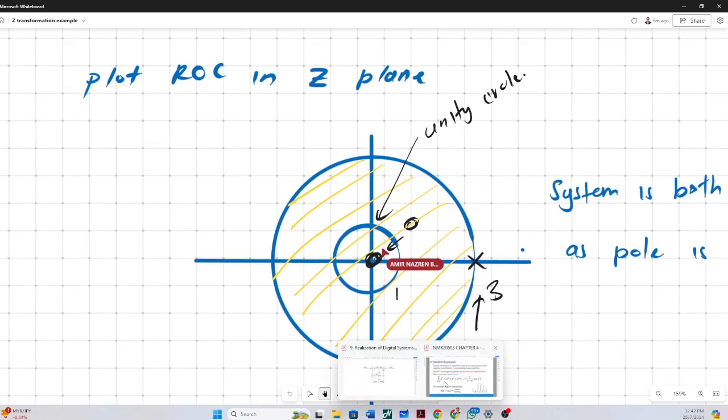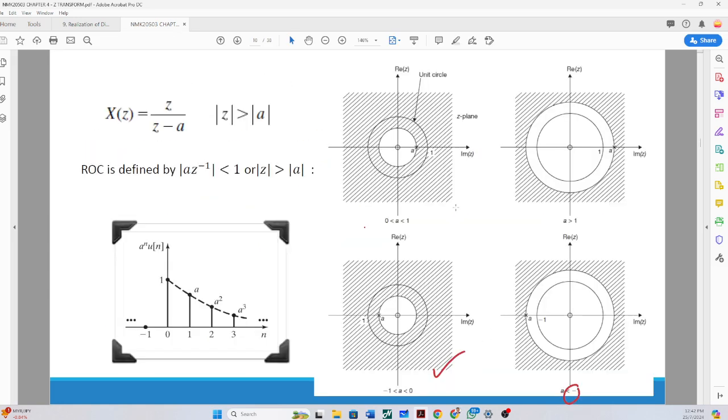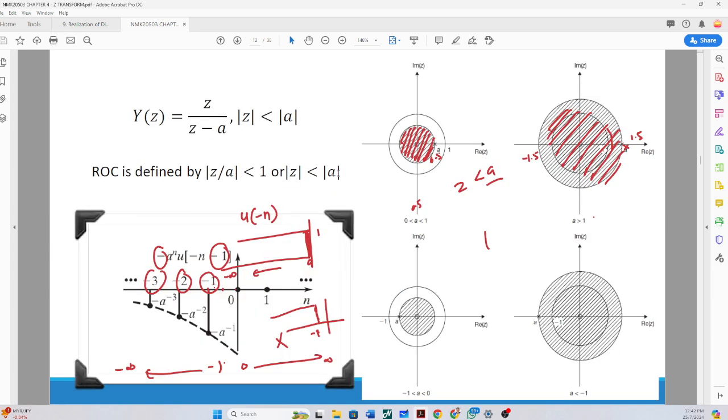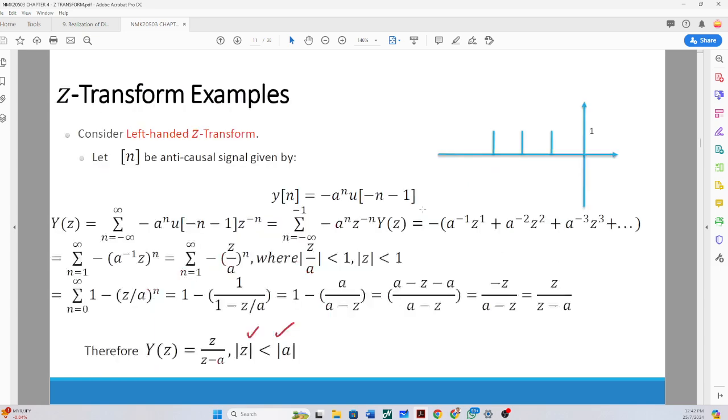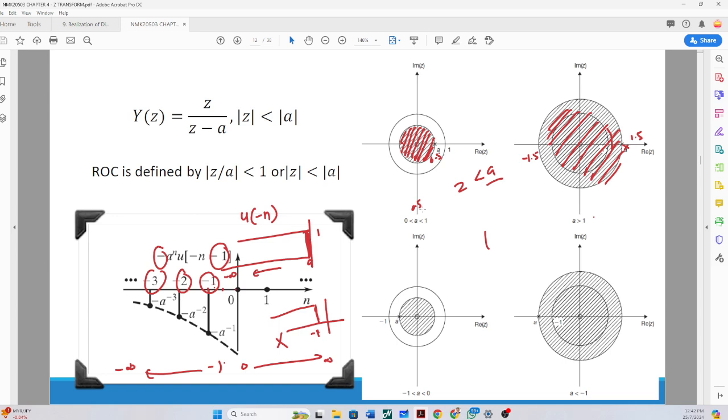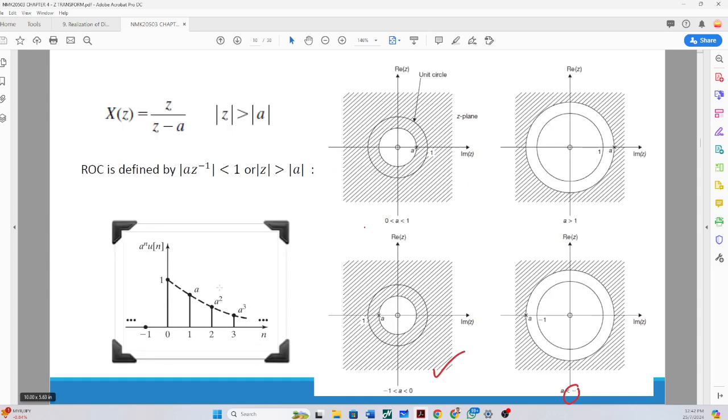By referring to our lecture notes, when z is less than a, it means the signal is at the left side, so we shade inside the circle. When our signal is at the right side, it means z is more than a, so we need to shade outside the circle, the outer circle. So that is different.